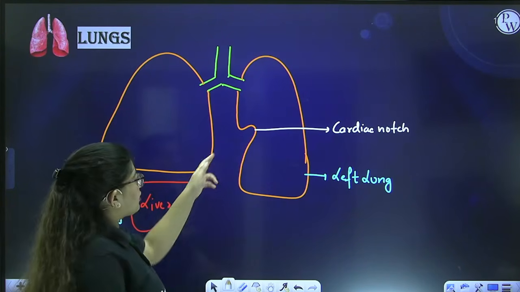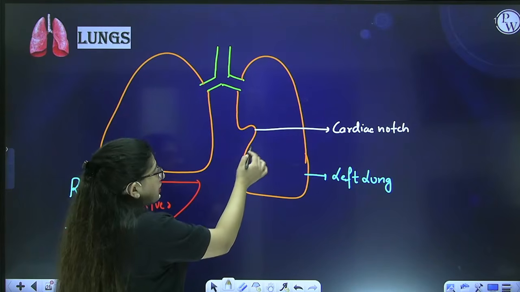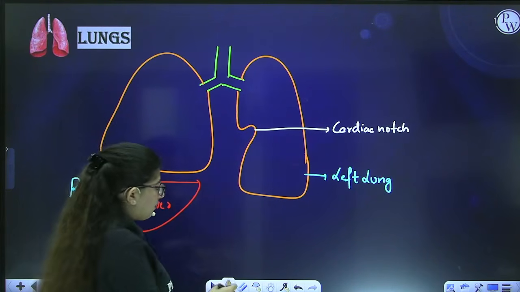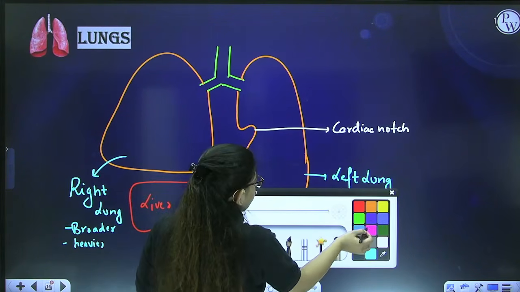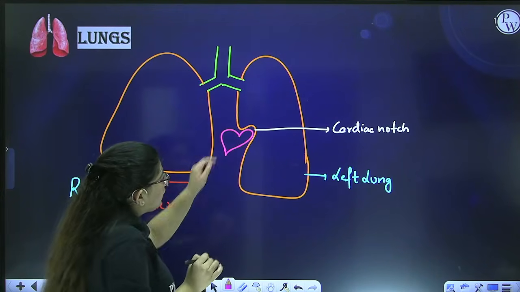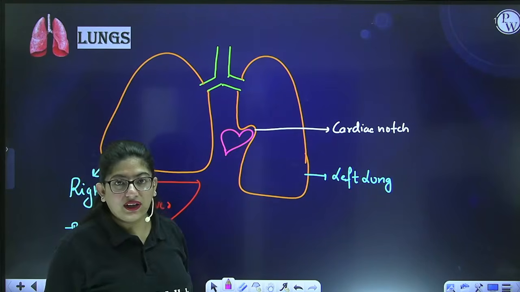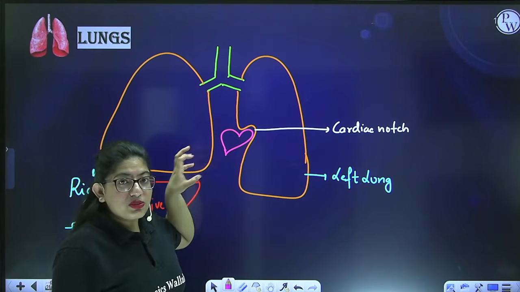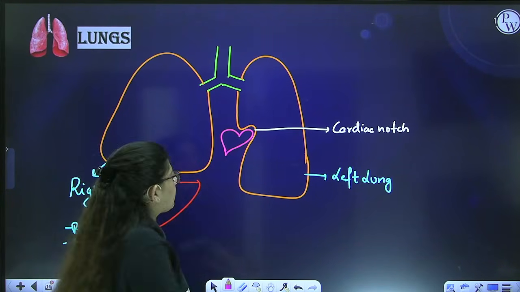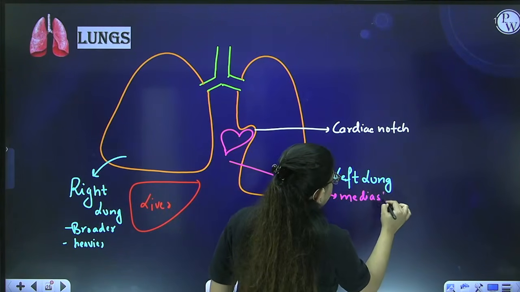So because of the presence of the heart, the lung gets a little change in shape. It's not a deformity; deformity is a wrong word to use here. Because of the heart, a small notch is formed on the left lung. You call it the cardiac notch.